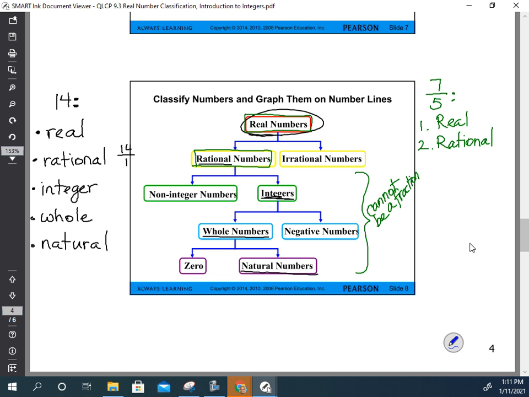Now, if it was the number 7, then it becomes an integer. And then 7 is not negative, so it would become a whole number. And then 7 is a natural number because you would have counted up to 7. That makes it a natural number.